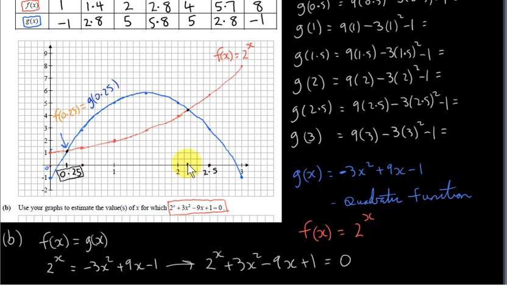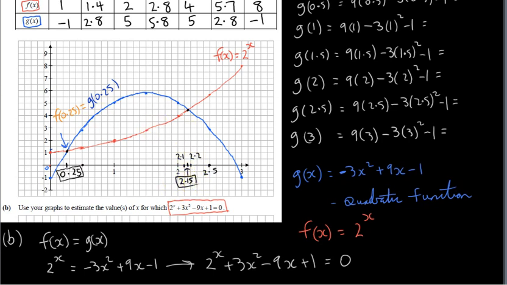So we have 2.1, 2.2, 2.3, 2.4, 2.5. This value here is halfway between 2.1 and 2.2. Well, what number is halfway between those numbers? It's 2.15. So this value here appears to be 2.15.